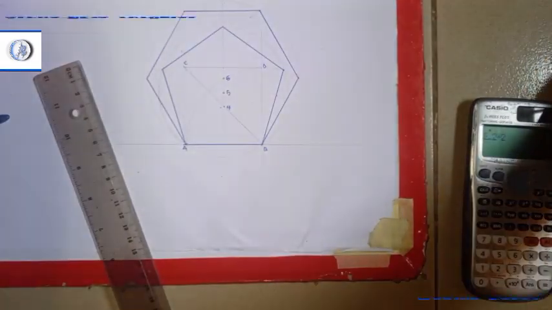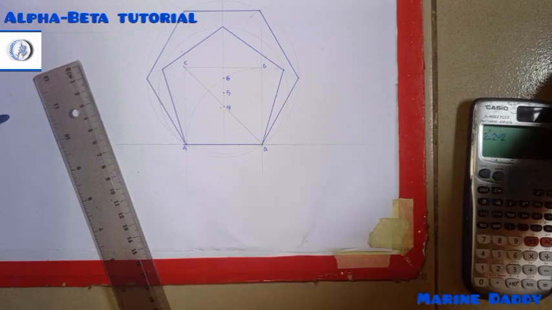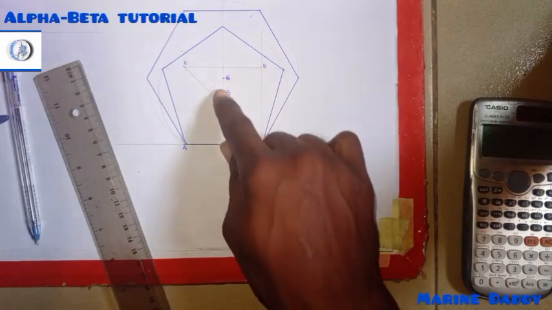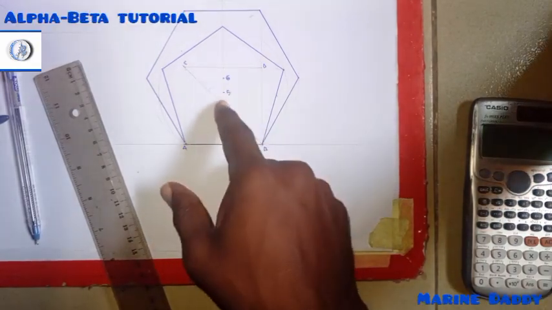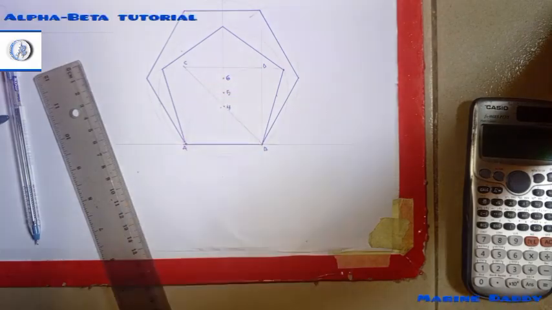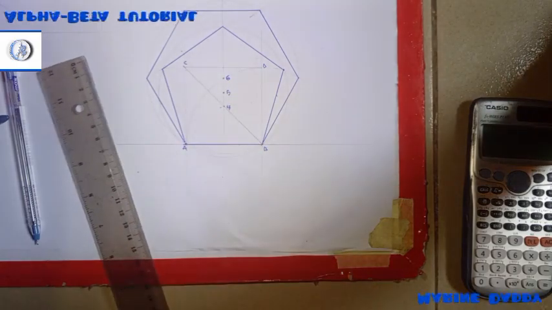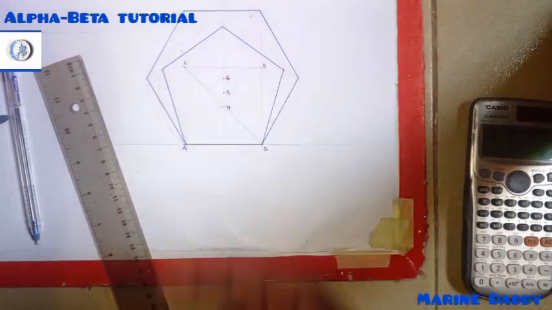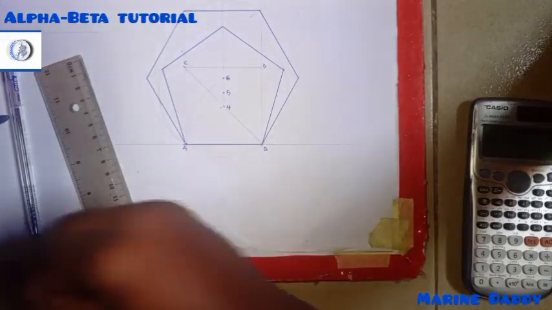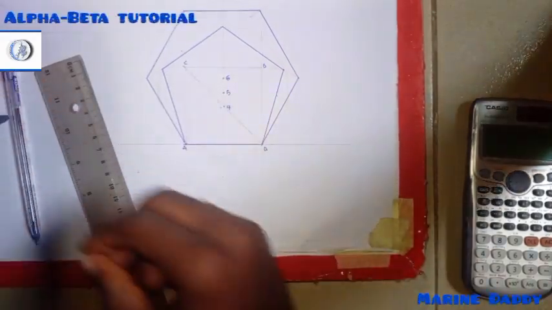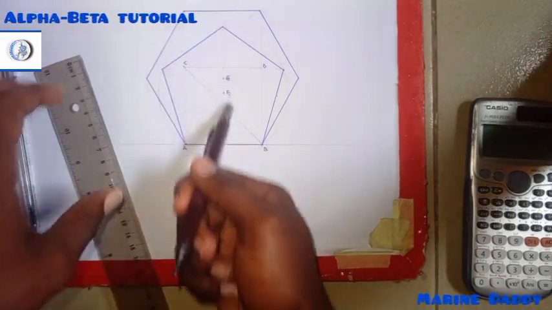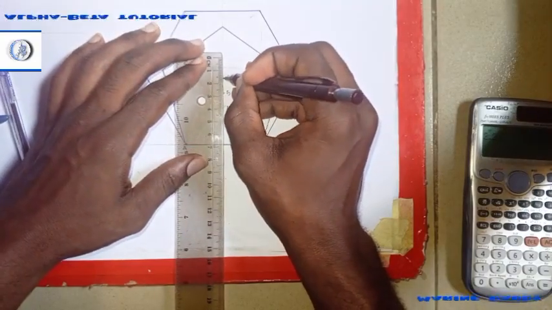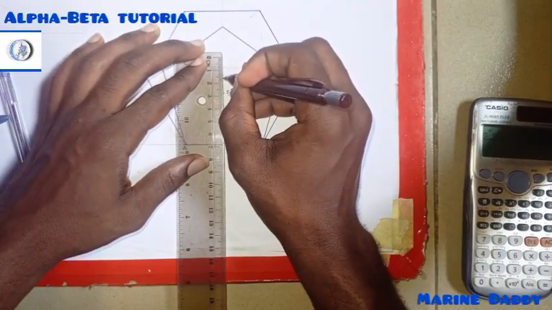What if you are asked to construct a heptagon or octagon or even a decagon? It's simple. If from here to here is 4, 5, 6 and the distances between them are the same, that means the distance between 6 and 7 will be equal to 5 and 6. And remember, we got the distance between these other ones as 1.1. So I just have to measure 1.1 upward.